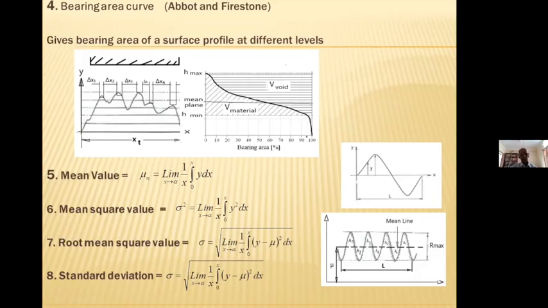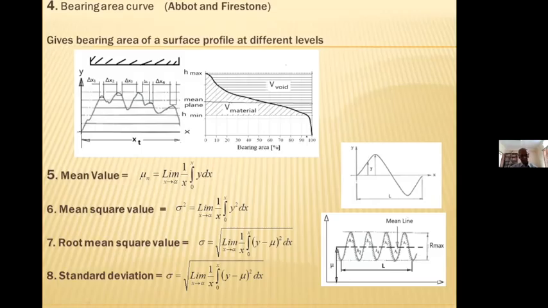So let's look at the variation of the void volume and the material volume. As we go down from the maximum height, say this is the maximum height of the peak, the material is increasing.